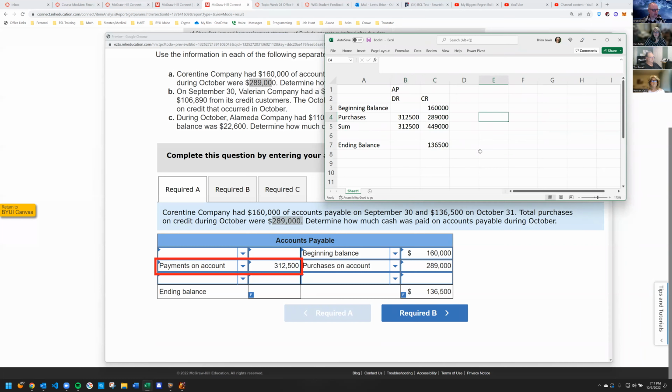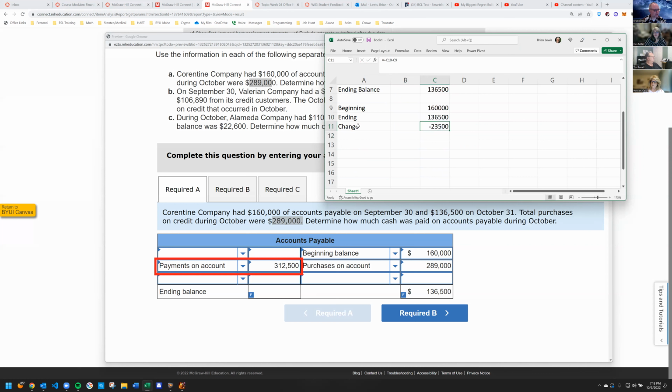The other way is that you know that your beginning is 160. You know your ending is 136,500. So you know the change. The difference between the two is this minus, let's go the other way, equals that minus that.